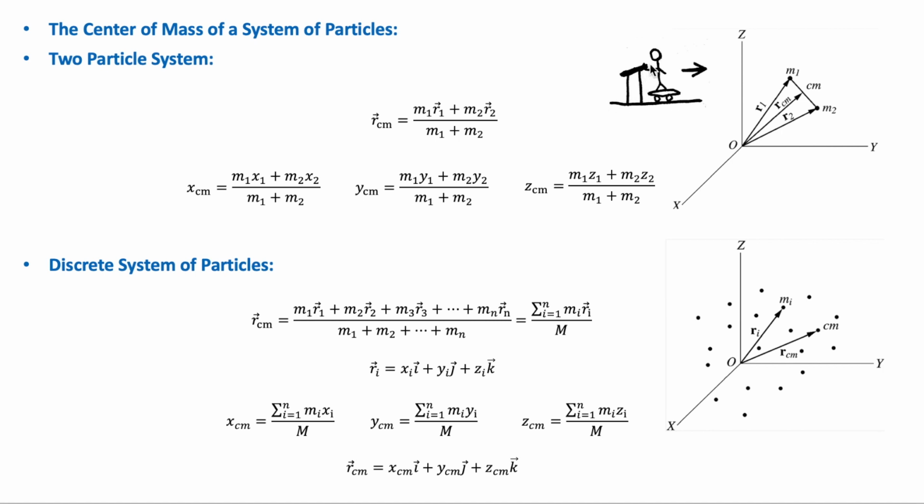As the man is pushing the bar, his arm and hand are moving in a different way than the rest of the body and skateboard. But if the system of the man plus skateboard is considered as a system of particles, then the motion can be represented by the motion of the center of mass.